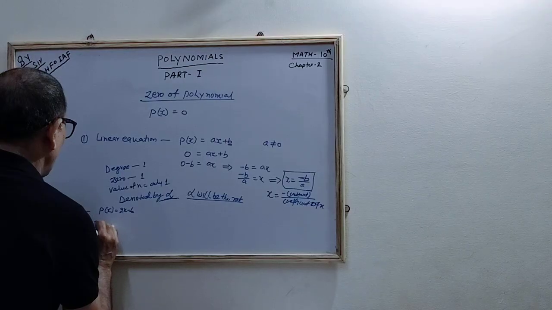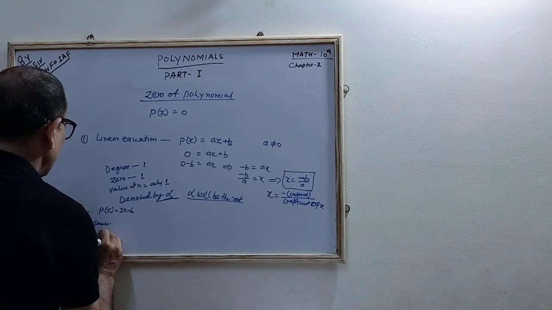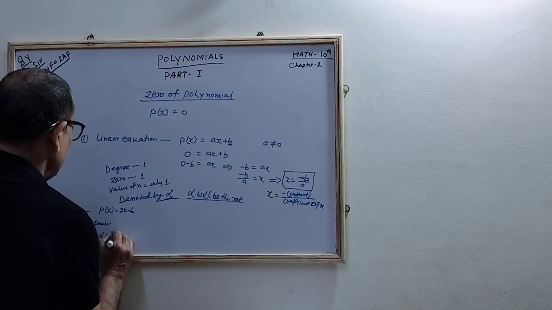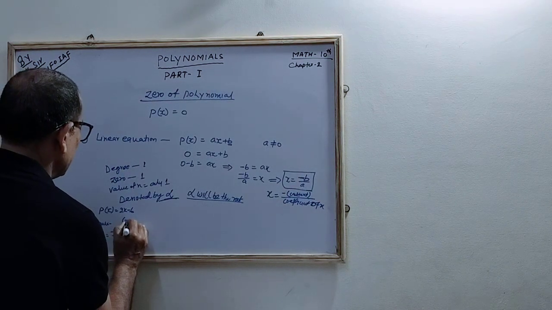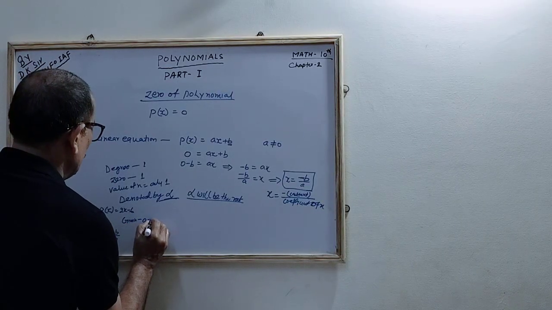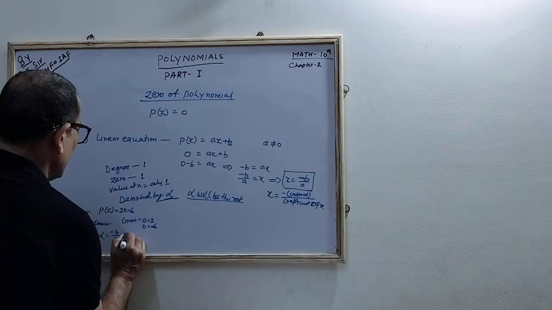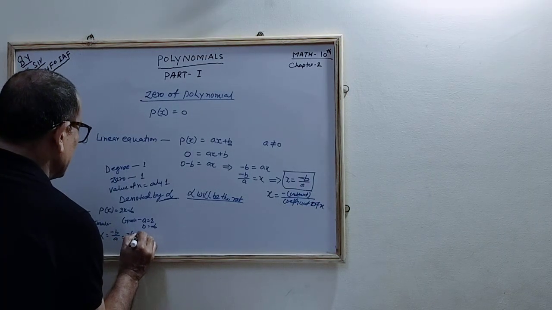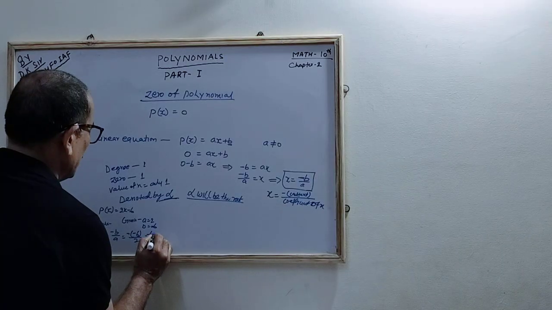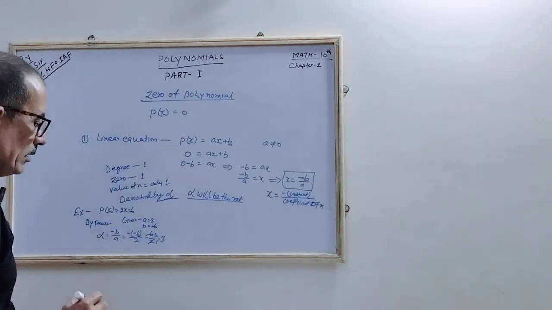The formula we know is x, that is alpha, is equal to minus b by a. Here, in the given polynomial, a is equal to 2 and b is equal to minus 6. So it becomes minus of minus 6 by 2, which is 6 by 2. 2 threes are 6, so you are getting 3, correct?